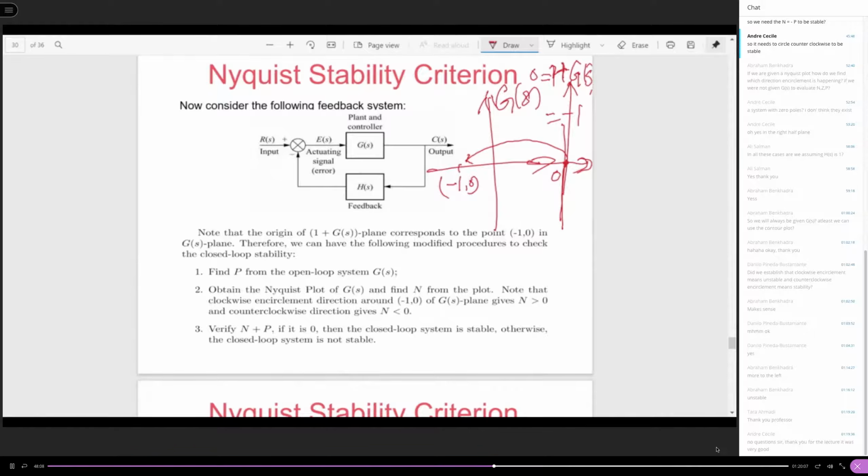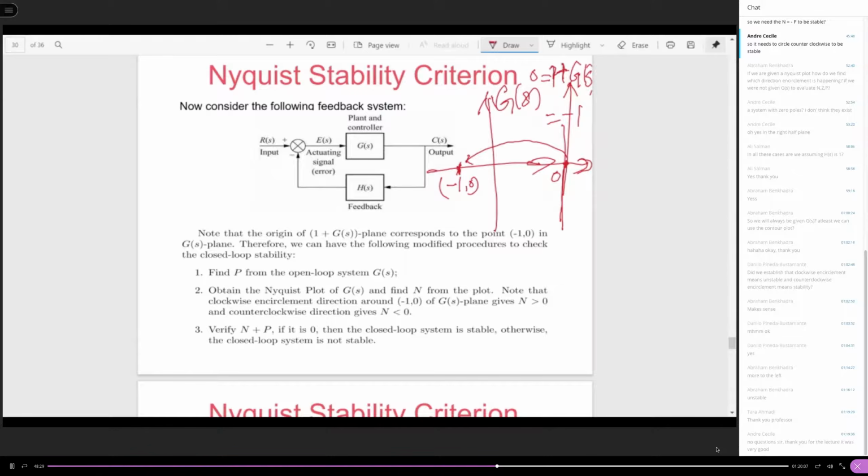Basically, this says that you just need to make a little bit of modification. Do not pay attention to the origin. Instead, pay attention to the -1, 0 point.